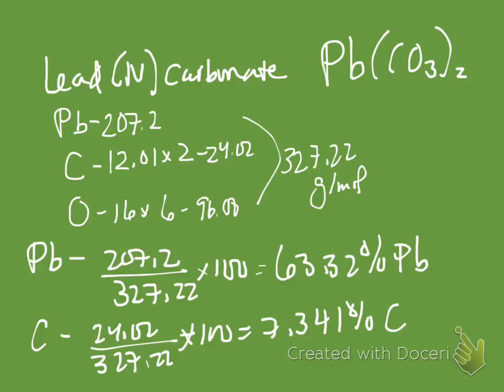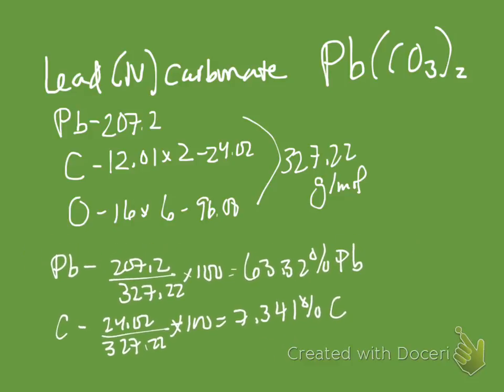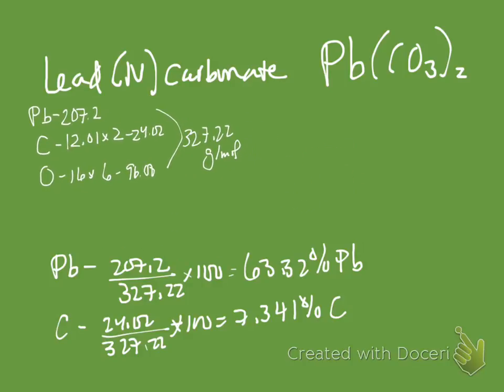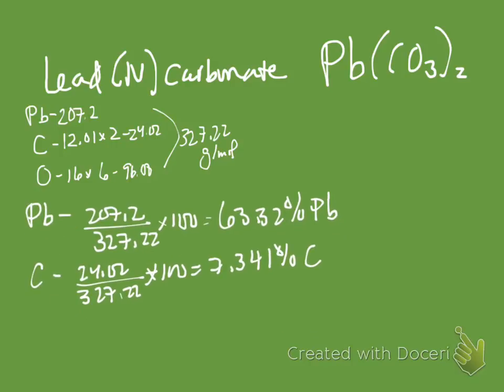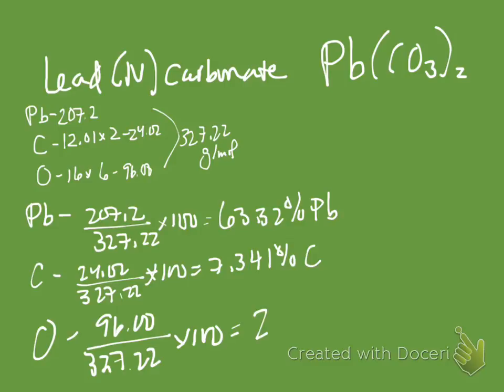And then we've got oxygen, good old oxygen. 96.00 divided by 327.22 times 100, we get 29.34% oxygen. Okay?